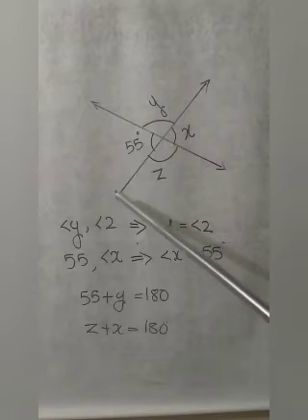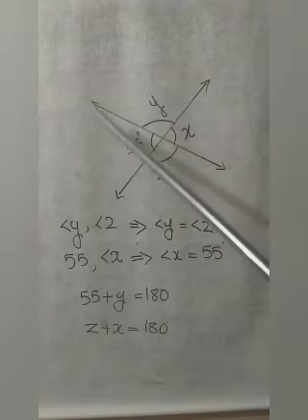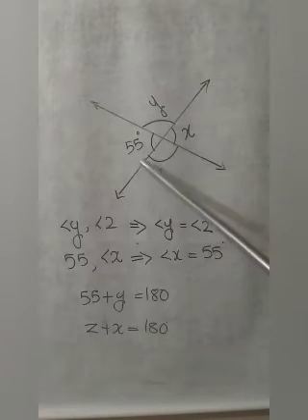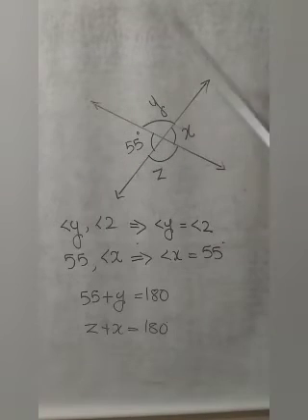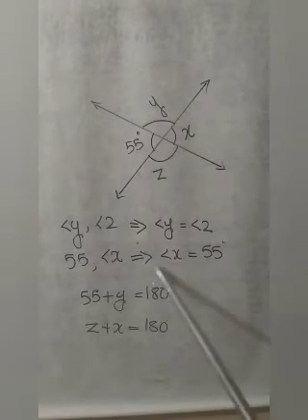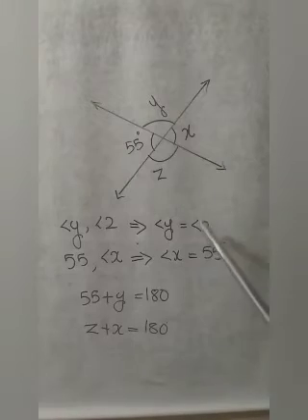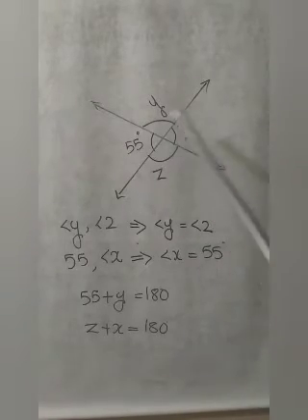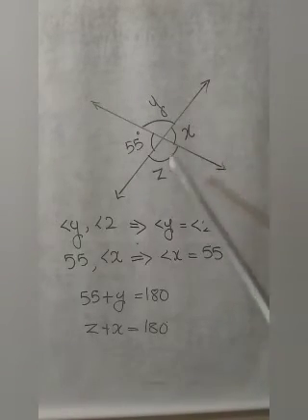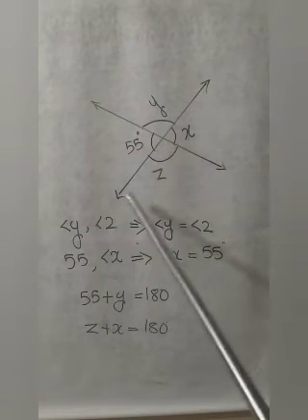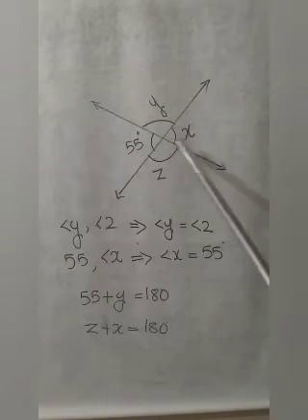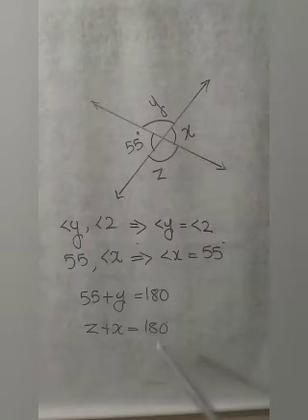Which are the two angles? This is one angle and this is one angle. So, 55 plus y. What is the value? If it is a linear pair, 180. Then, considering this side, x and z. This is the straight line. This is one angle and this is another angle. So, x plus z is also 180.